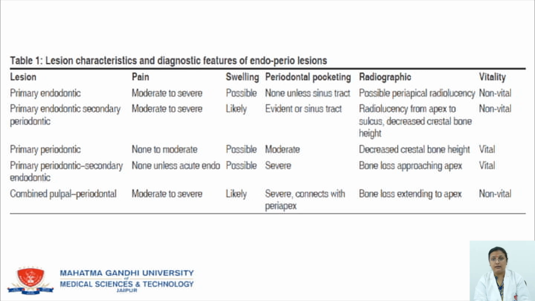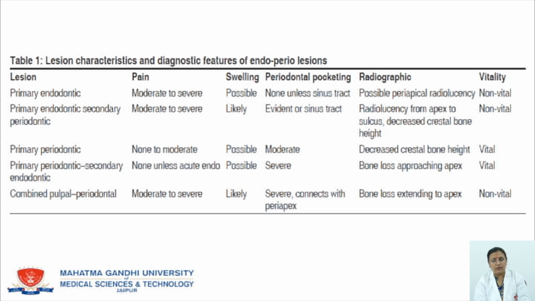Pulp status is non-vital. In primary periodontal diseases, pain will be none to moderate, swelling will be possible, periodontal pocketing will be moderate, the radiograph shows decreased crestal bone height, and the pulp will be vital. In primary periodontal with secondary endodontic involvement, there can be pain, or none unless acute endo is there.